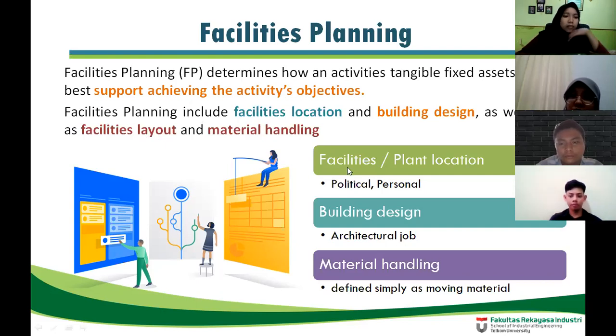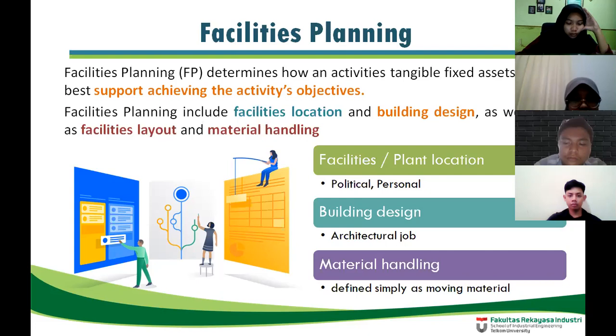So the first thing you have to do is find the right location of the activities. Let's say I will emphasize manufacturing or factories, because this is our main topic. But in fact, we can implement this concept in other areas, like healthcare and education.